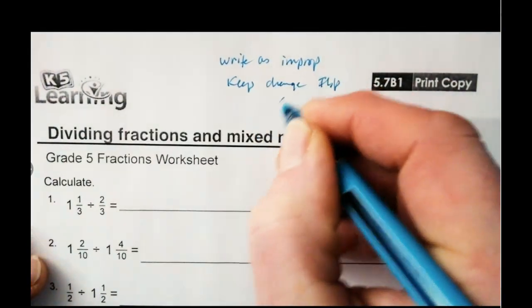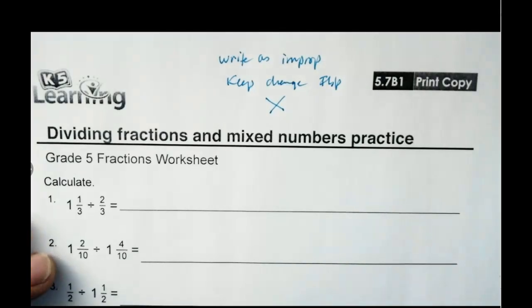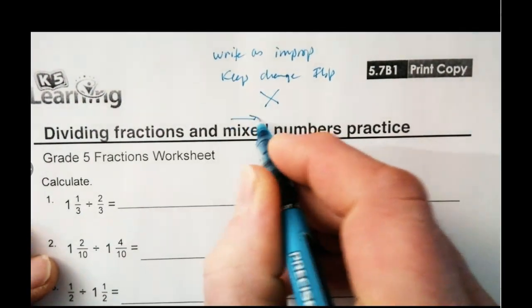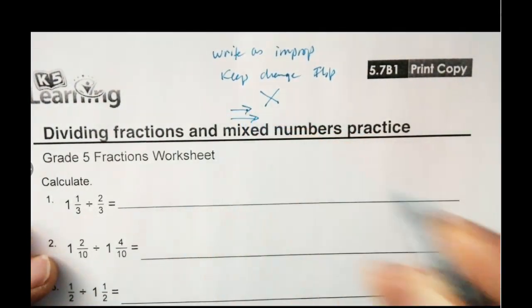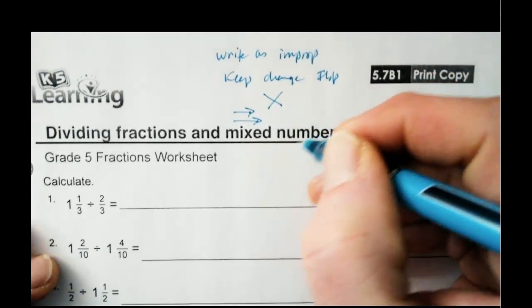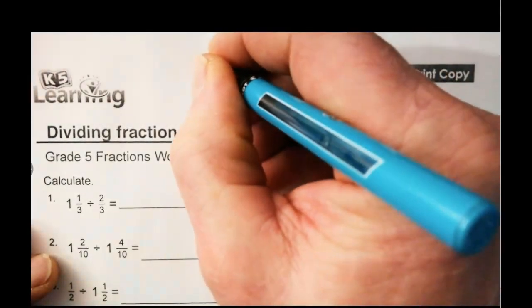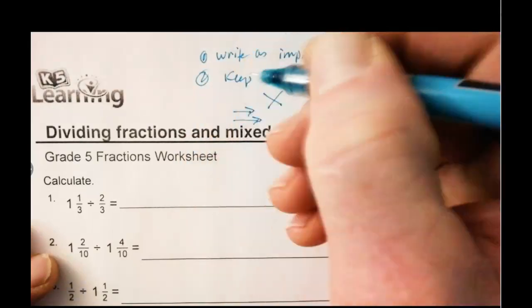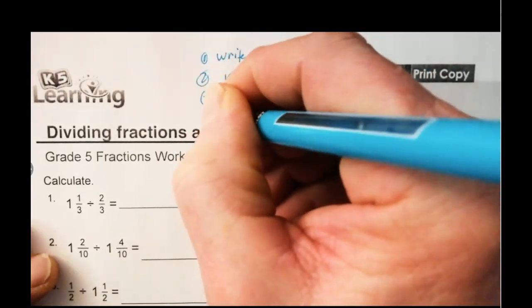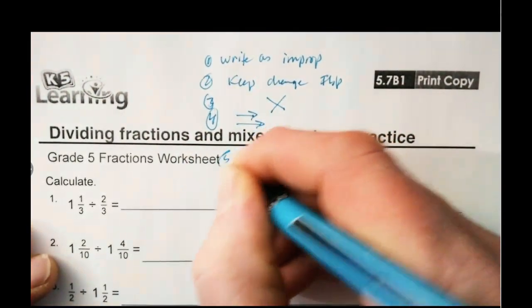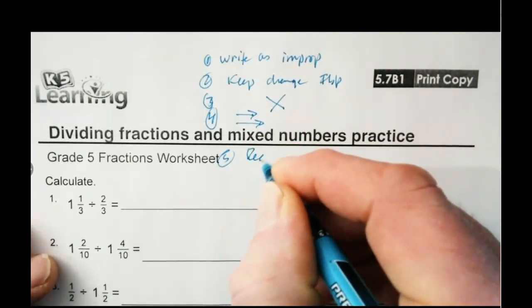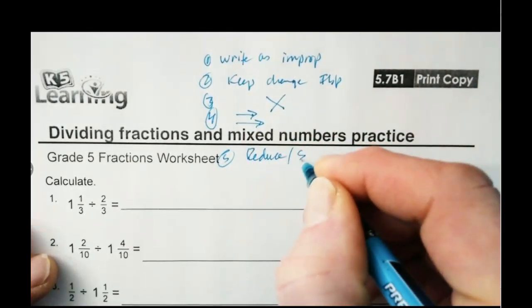And then we're going to see if we can cross reduce. Then we're going to multiply straight across, top and bottom. And then the last thing we need to do is reduce or simplify.